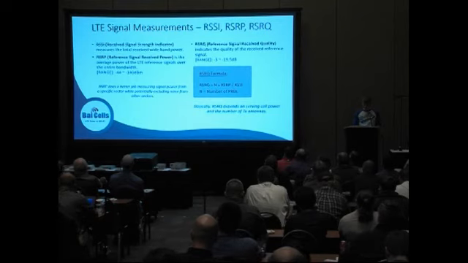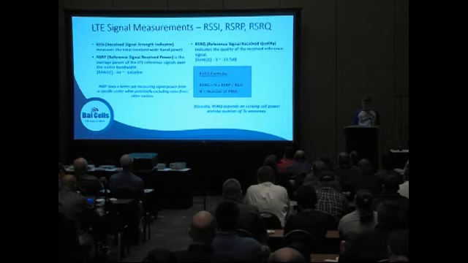RSRQ takes an equation of the RSRP and RSSI to help determine if there are any issues. It's basically the quality of the signal. The other point is that RSRP does a better job at knowing the signal of a particular sector.